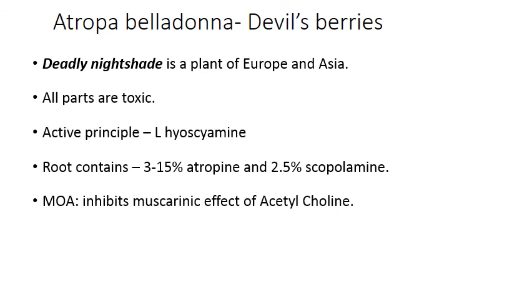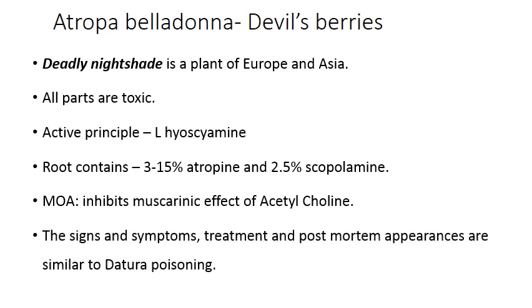The mechanism of action is similar to datura again. It inhibits the muscarinic effects of acetylcholine. The signs and symptoms are almost similar to those produced by datura, because the alkaloids or the poisonous material found in datura as well as Atropa belladonna are similar, and the treatment or management of a person poisoned by devil's berries also remains the same.